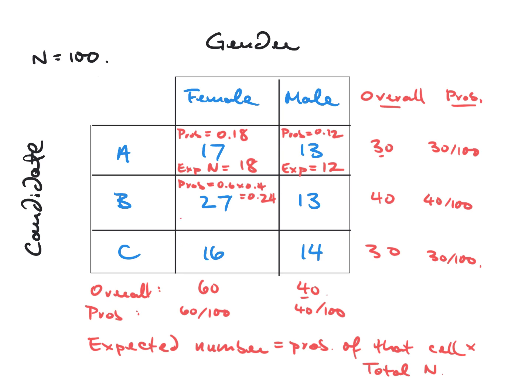In terms of numbers, we expect 24 people would be female and like the candidate.